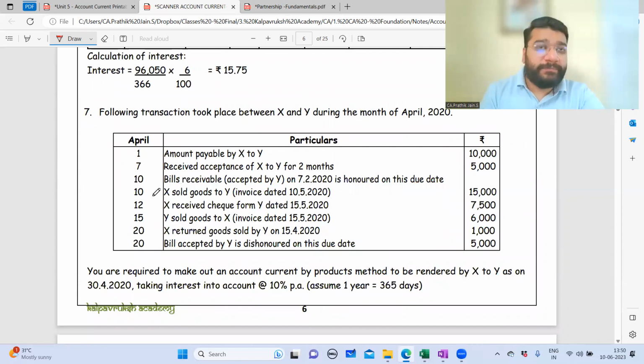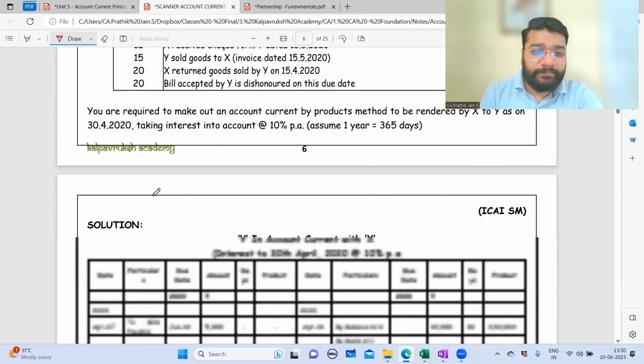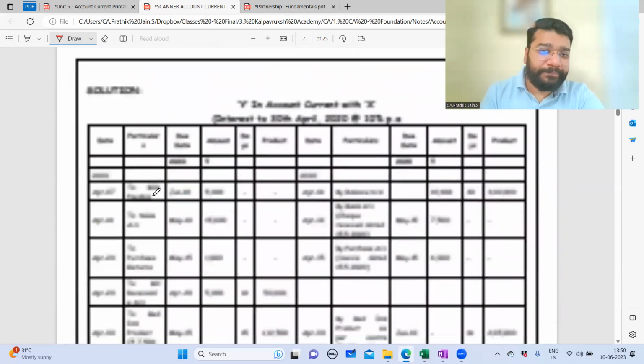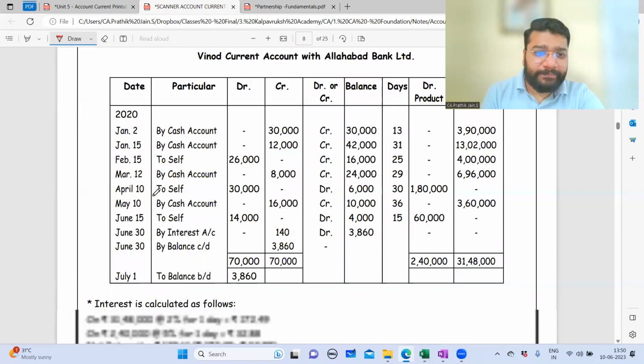Second one I gave as homework. Seventh one, pending. Eighth one, pending.